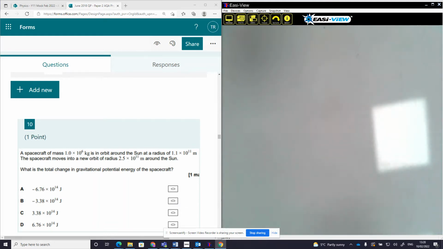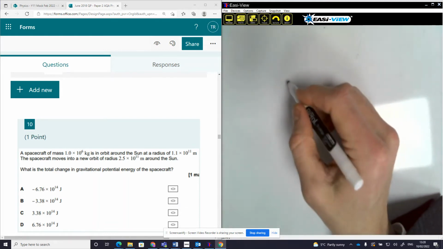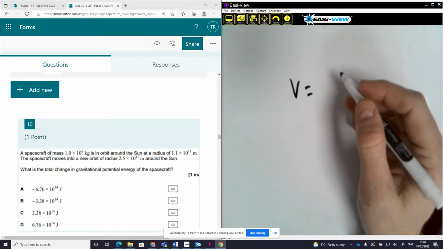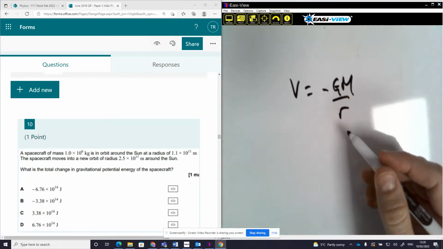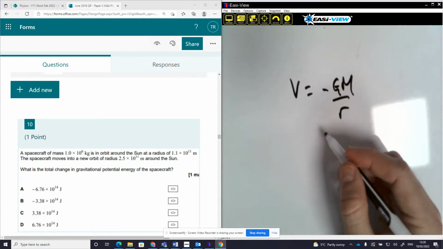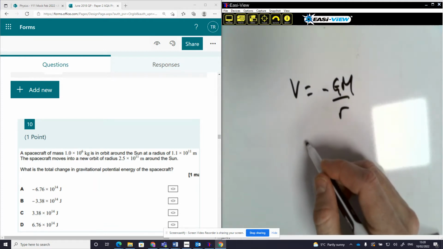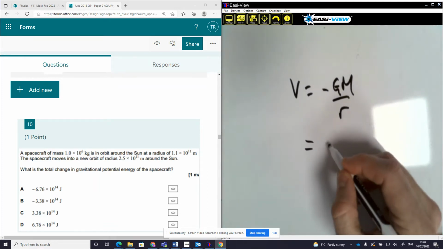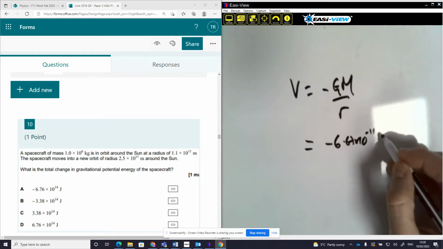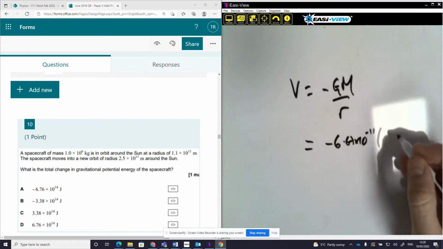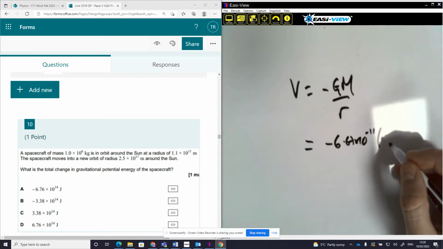Okay, so the gravitational potential to begin with, V equals negative GM over R. At the first position, we have negative 6.67 times 10 to the negative 11 multiplied by the mass, and that's the mass of the sun.